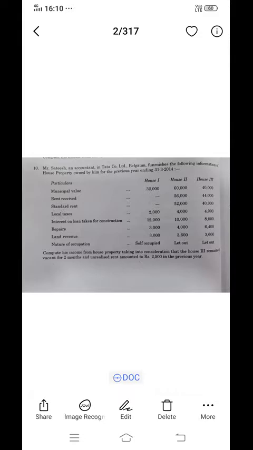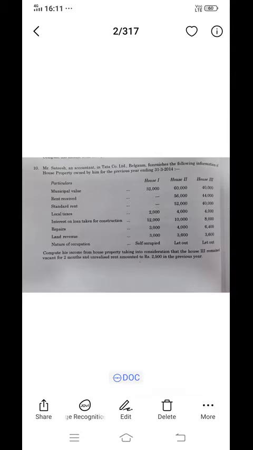Mr. Satish is an accountant in Tata company and is given the following information. So again there are three houses for Satish. House 1 is SOP, house 2 is LOP, house 3 is also LOP.